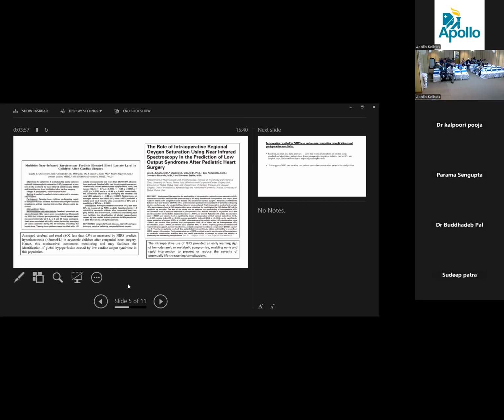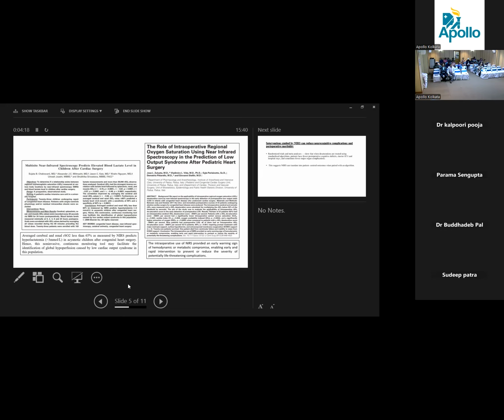The next study was multi-site NIRS, which predicts elevated blood lactate level in children after cardiac surgery. Here also the conclusion was that average cerebral and renal regional saturation of less than 65% as measured by NIRS predicts hyperlactatemia in acyanotic children after congenital heart surgery.